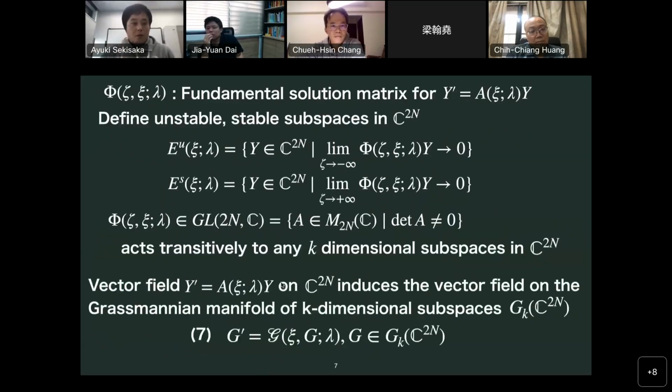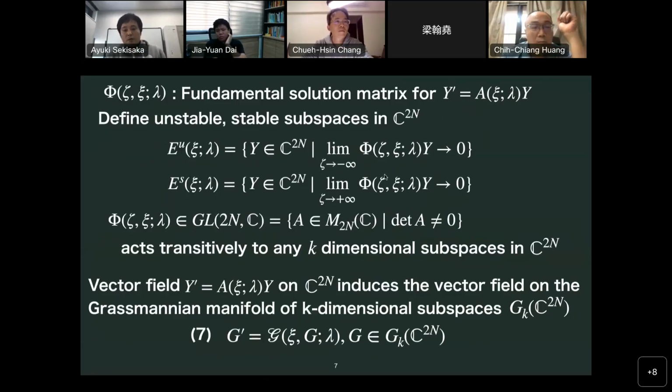Okay, so phi(z, xi, lambda) is the fundamental solution matrix for the linear system. It is also called the evolution operator for the linear system. We define the unstable and stable subspaces for such linear systems like this: E^U(xi, lambda) and E^S(xi, lambda).